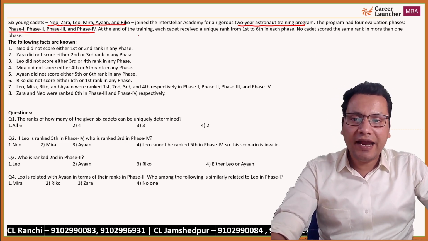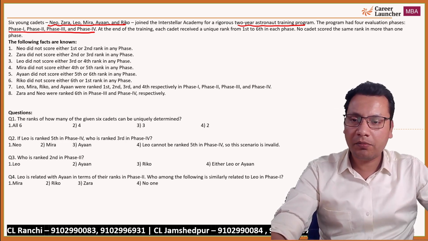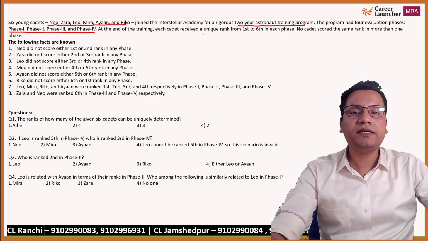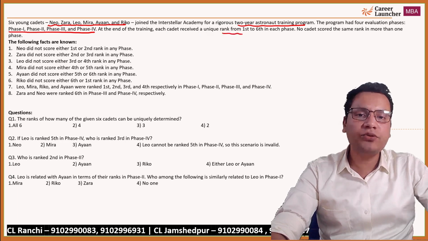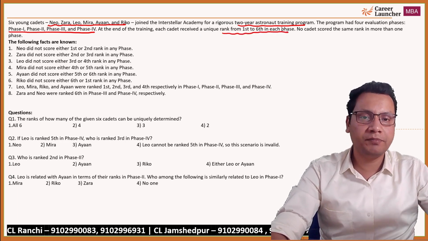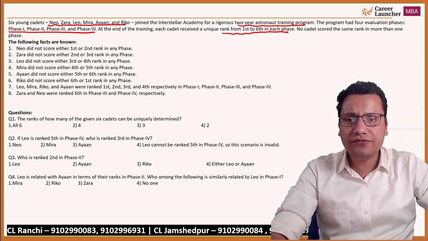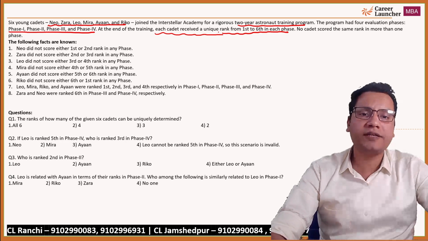At the end of the training, after they have crossed all the 4 phases, they got a result. Each cadet received a unique rank from 1 to 6 in each phase. Now this line is very important.